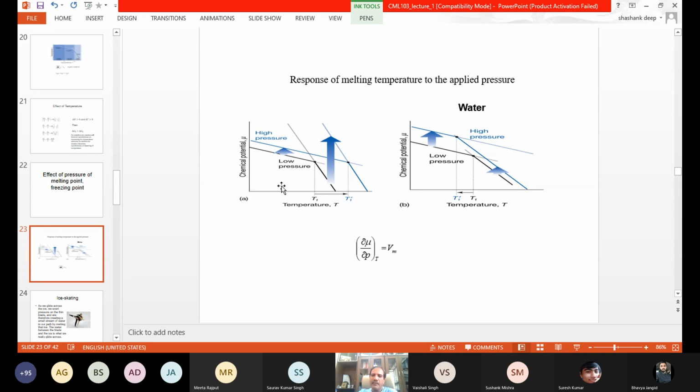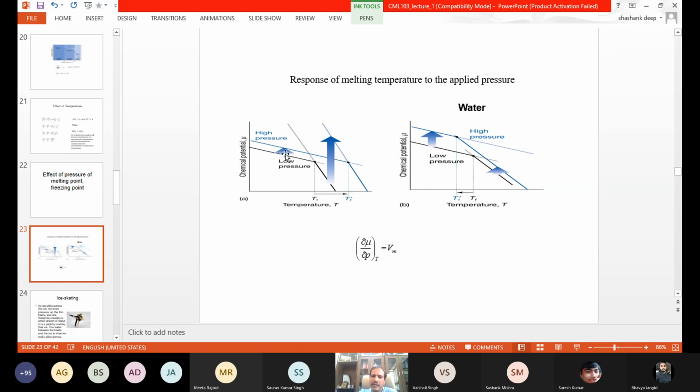Now, if I increase the pressure, it depends on Vm. Generally Vm of liquid is greater than Vm of solid, and so here the increase will be smaller and here the increase will be larger.